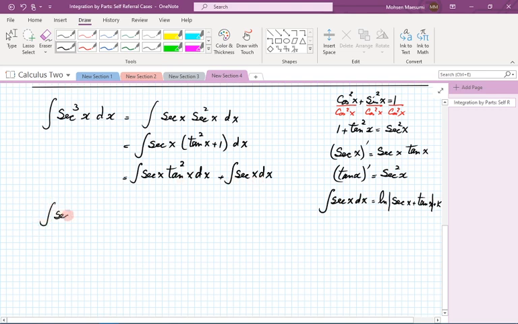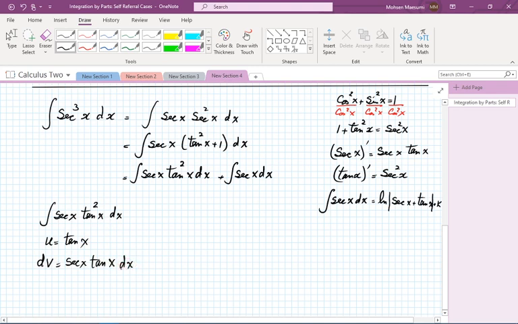That is where the integration by parts routine comes in. So this is secant times tan squared. Essentially I'm going to take tan, separate it as u, and whatever is left is going to be my dv. So my dv is going to be secant of x tangent of x dx.